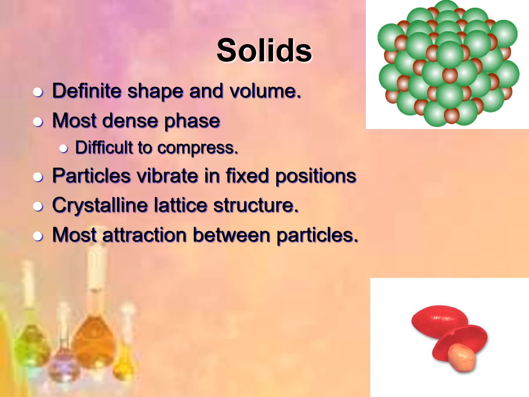Second, most dense phase, because they are incompressible since all their molecules are tight and compacted and have a strong connection or intermolecular forces. Their particles vibrate in fixed position. They have crystalline lattice structure and most attraction between particles.